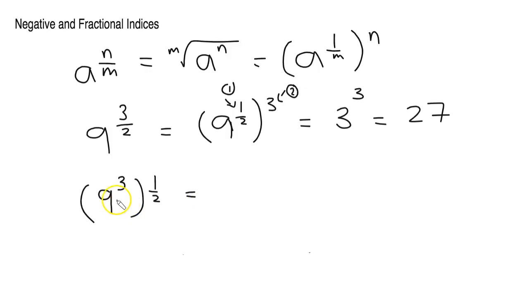Now 9 to the 3, obviously that's already quite tricky to do without a calculator. So you will get the same answer, but without a calculator it's much easier to do the square root of 9 and then cube that, rather than cubing the 9 and then square rooting that. The cube of 9 would be 729, and then we still need to square root that, and that would be 27. So obviously a much harder scenario if we did it this second way. So I would always recommend applying the denominator and then the numerator afterwards.